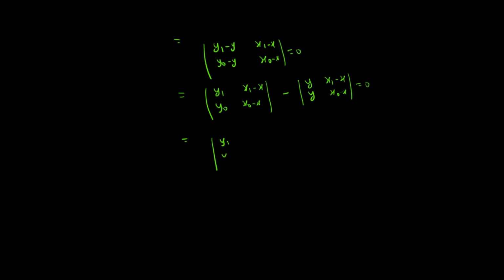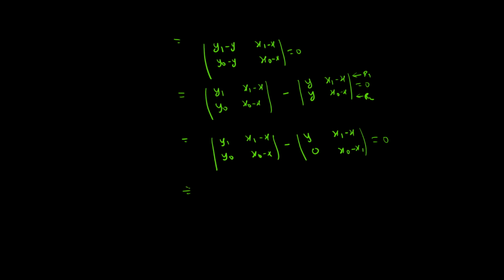So this will be y1 y0, x1 minus x, x0 minus x, and minus. This is my row 1, this is my row 2, so we will replace row 2 by row 2 minus row 1. So this term will remain the same, y x1 minus x, and this y minus y is nothing but 0, and this term will be x0 minus x1. Now this is equal to 0. Obviously when we find the determinant of this part, this will be y into x0 minus x1 minus 0. So this term will vanish.